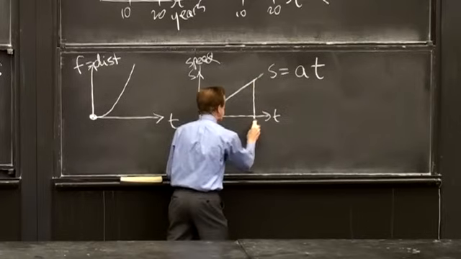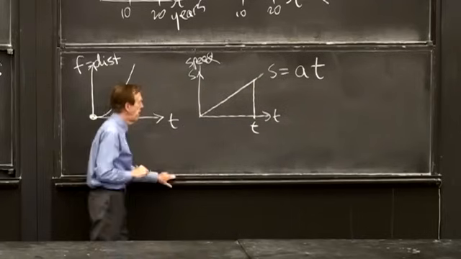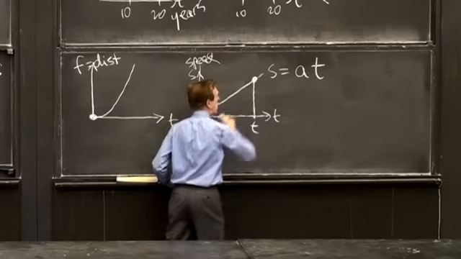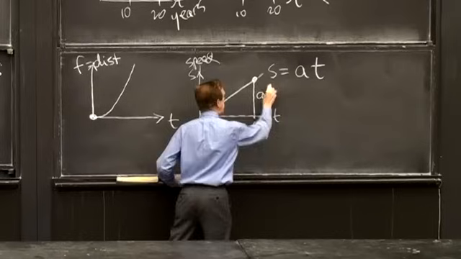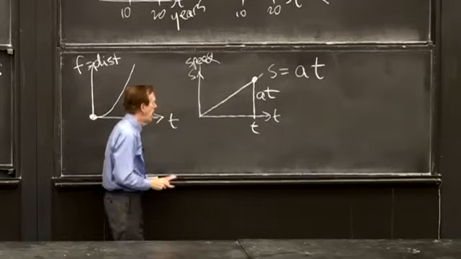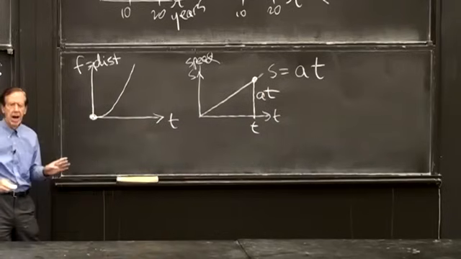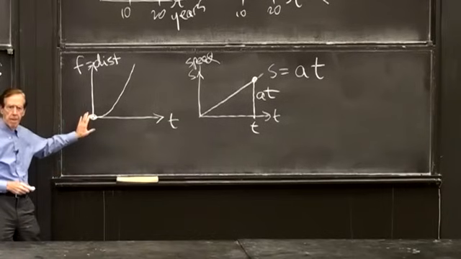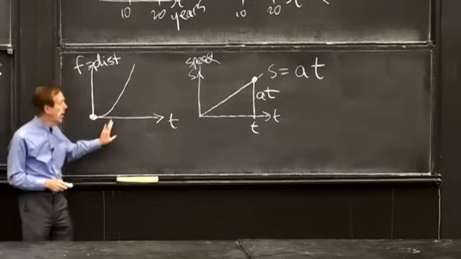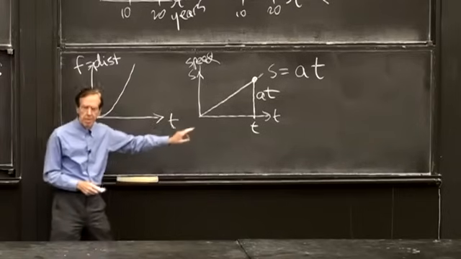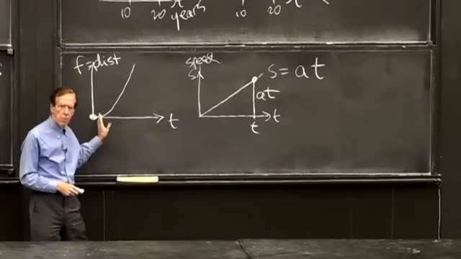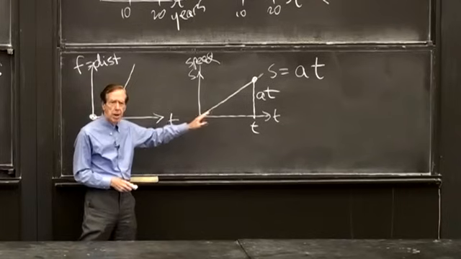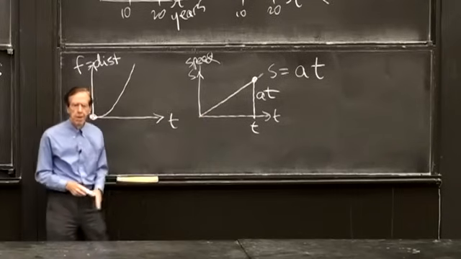That if this is the time t, then of course this height here will be a times t. And the amazing fact is that this graph tells you the area under this one. Graph 1, function 1, tells you the area under the graph 2.